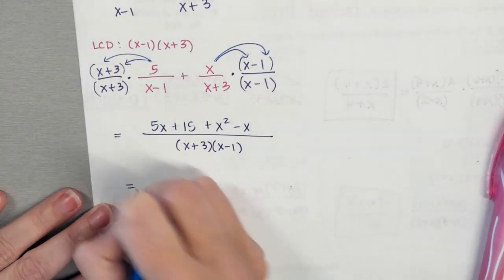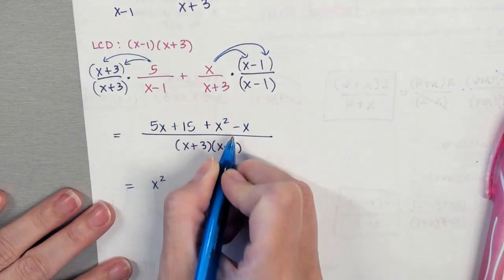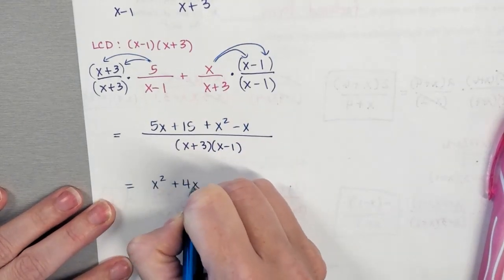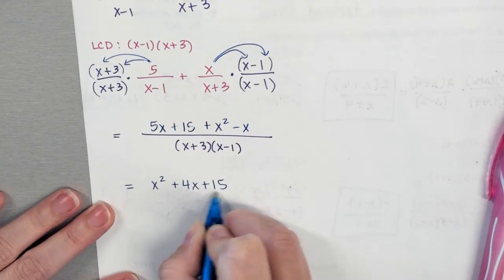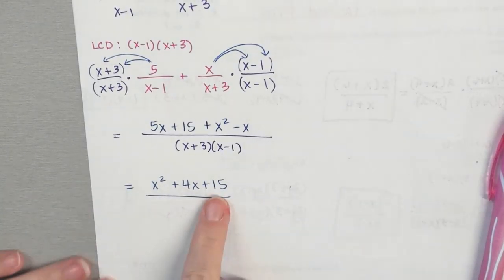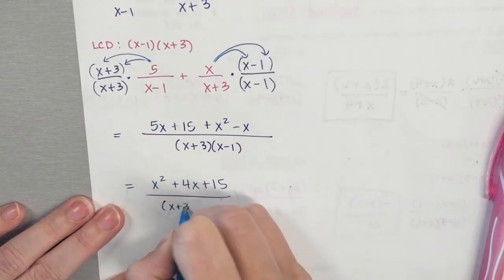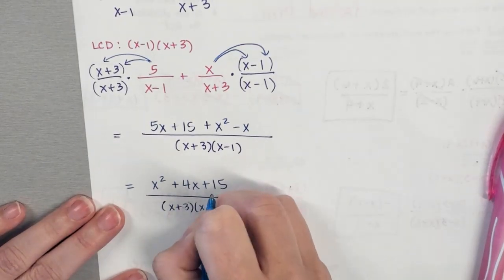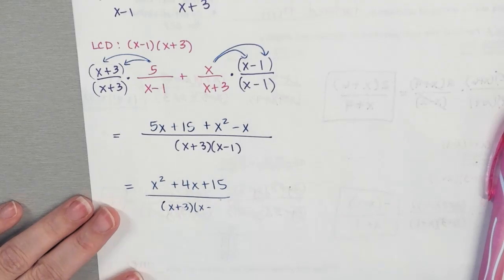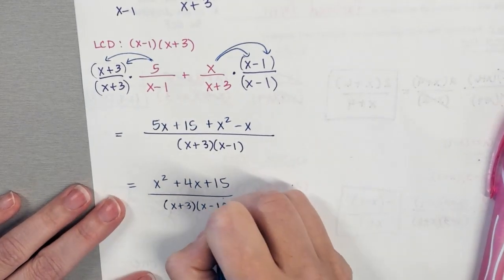Okay, so if you combine your like terms, there's nothing to combine with x squared. 5x minus x is 4x plus 15. Because you have a positive and a positive, is there anything that multiplies to 15 that adds to 4? No, because if you have two positives, it would have to be 16 or it'd have to be 8, and that's not happening.